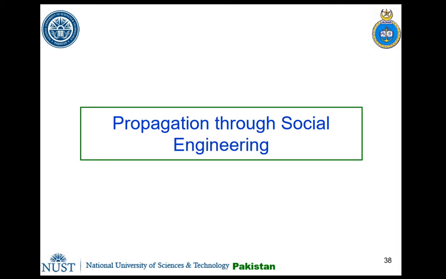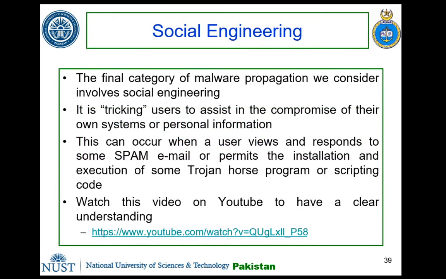Now we will start with the next section, that is the propagation through social engineering. The final category of malware propagation we consider involves social engineering. It is tricking users to assist in the compromise of their own systems or personal information.